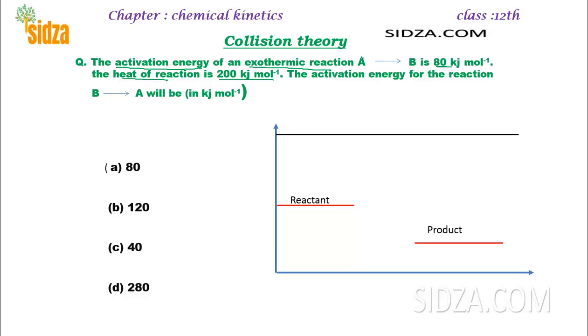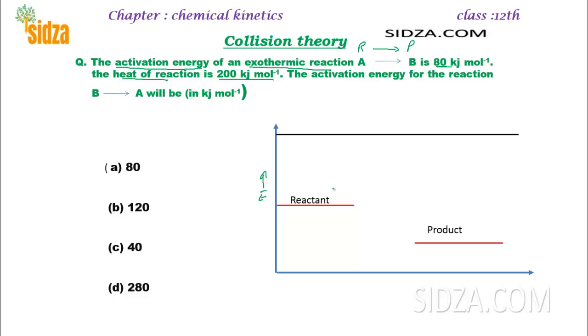For an exothermic reaction, the reactants have a high energy and the products have less energy, right? So always when the reactant has a high energy and the product has lower energy, it will be exothermic. You can see here the difference in the energy. Reactants have very high energy, products have less, so this process will be exothermic.